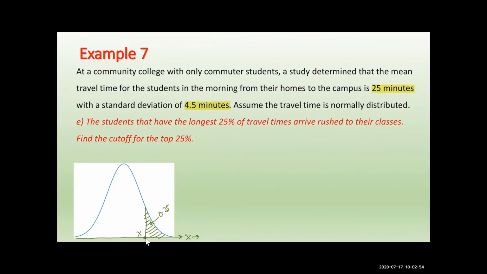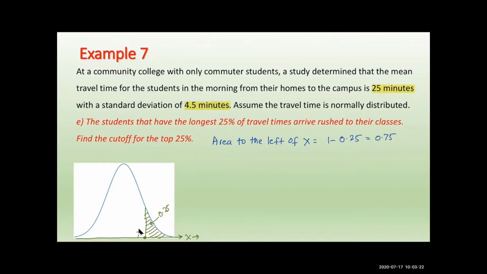In order to find the x or the z-score, you know that you need the area on the left. So we have to find the area on the left in this case. Area to the left of x is equal to 1 minus 0.25, which is equal to 0.75.